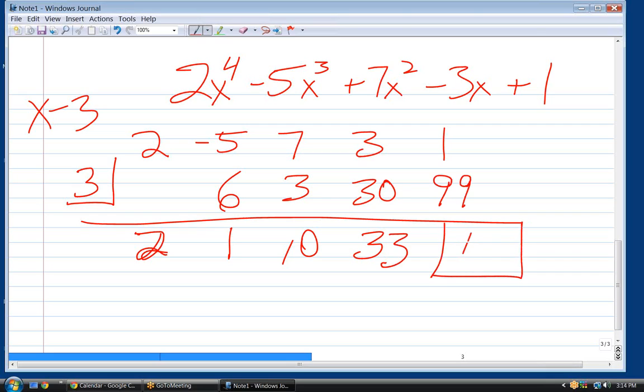99. 100. That means that is not a factor of that. So, if I divide x minus 3 into that, what is my answer?